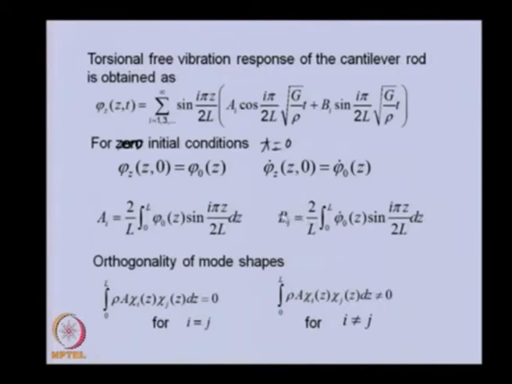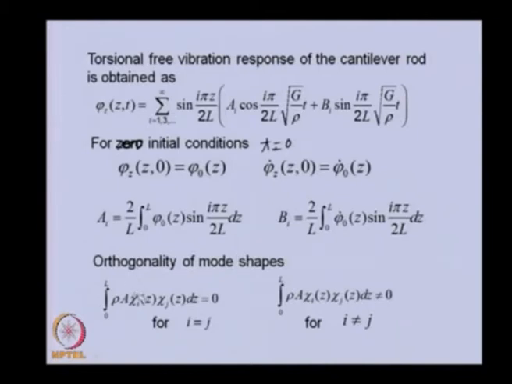Basically, to get this we need to multiply both sides of this equation by the eigenfunction for one particular mode, and integrate over the domain. While integrating, we will be using the orthogonality of the mode shapes.